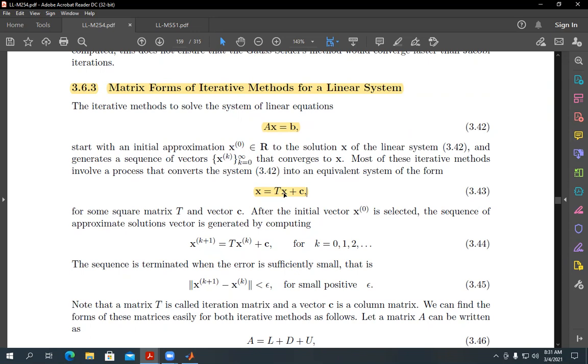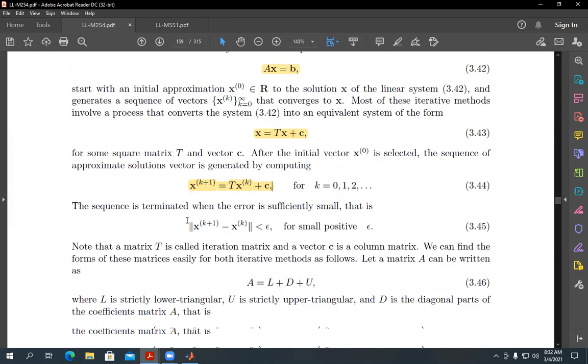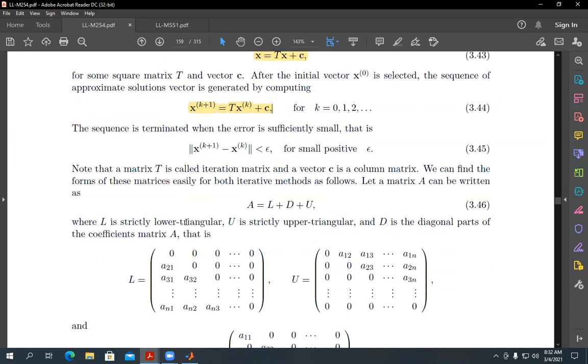We call this the initial approximation, given by the teacher, and this is the new approximation you have to calculate. This formula is called the iterative formula for the linear system. It may be for Jacobi or for Seidel, depending on the values of T and C. Thus we can find how to find the values of T and C for the Jacobi and the Gauss-Seidel methods.